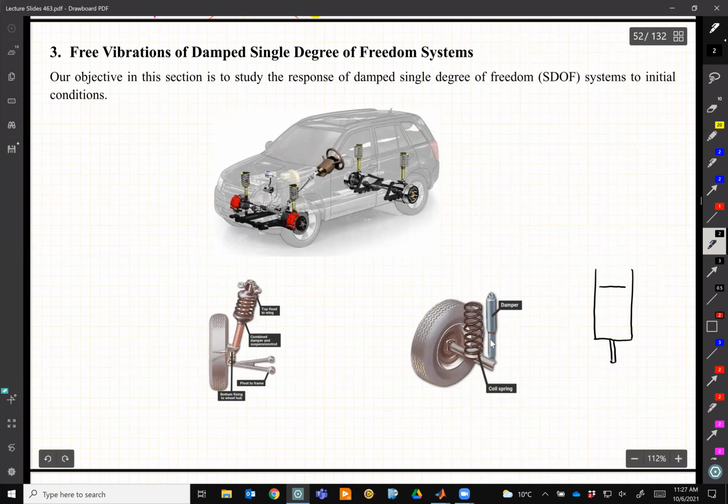And inside this cylinder, there is this piston. This piston can move up and down easily. That's just a schematic. And then the whole thing inside is filled with oil.